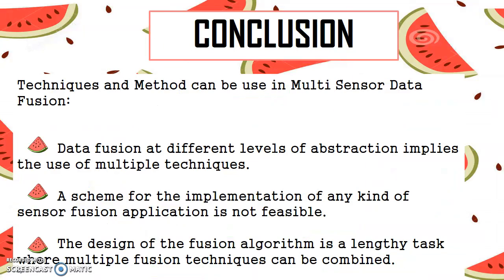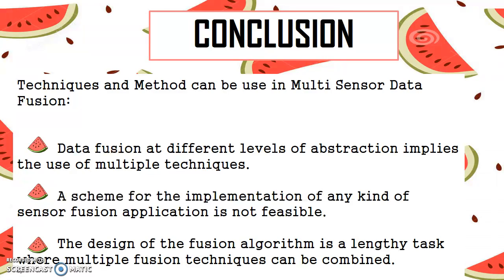Conclusion. Final conclusion. Multi-sensor data fusion is a broad issue due to the wide range of scenarios that it can be applied to. Therefore, to find a definition, a model or an algorithm scheme that is explicit, meaning that it can be followed to implement a real system and at the same time usable for any kind of application, is an unfeasible task.